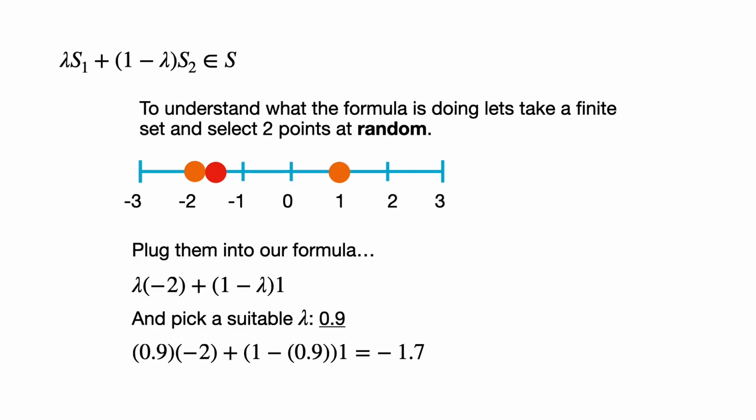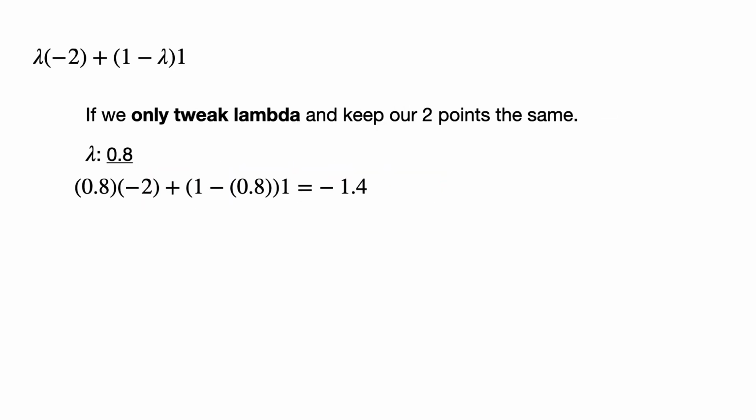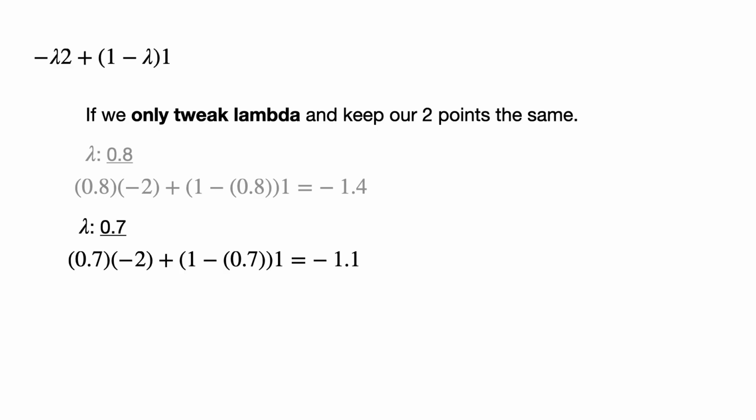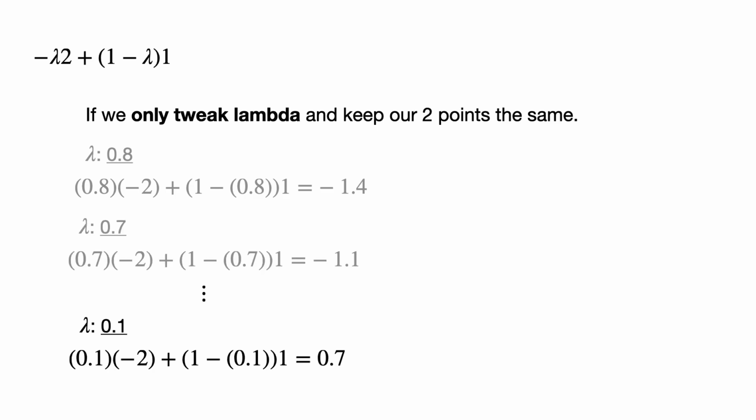We plot the point. If we only tweak lambda and keep our 2 points the same, we start with 0.8, and when we plug that in, we get -1.4. We do the same for lambda equals 0.7, and we get -1.1. And so on. If we keep doing this, at lambda equals 0.1, we get a value of 0.7.